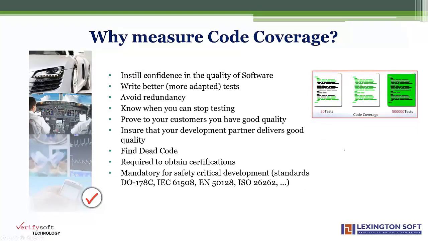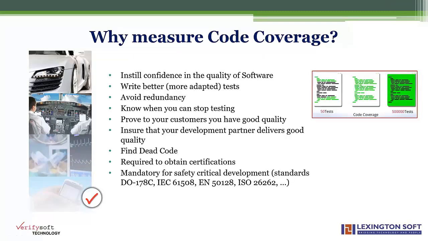software. If you look at this box on the right, on one extreme, just running a few tests is not going to be sufficient. On the other extreme, running an infinite number of tests is not practically possible. With a good code coverage tool, you can perform as many tests as are necessary, but no more than what is required. Also, with code coverage, you can write adaptive test cases to check the portions of your unexecuted code.